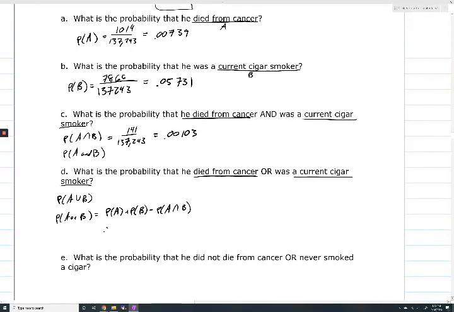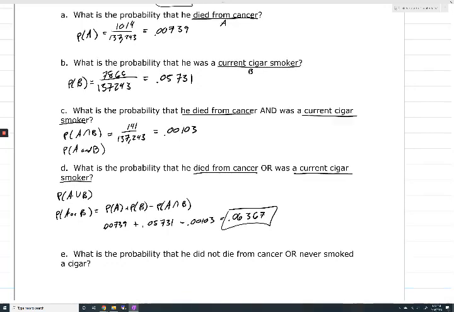So we have 0.00739 plus 0.05731 minus 0.00130. And that gives us our final probability. So the probability that he died from cancer or was a current cigar smoker was 0.06367.